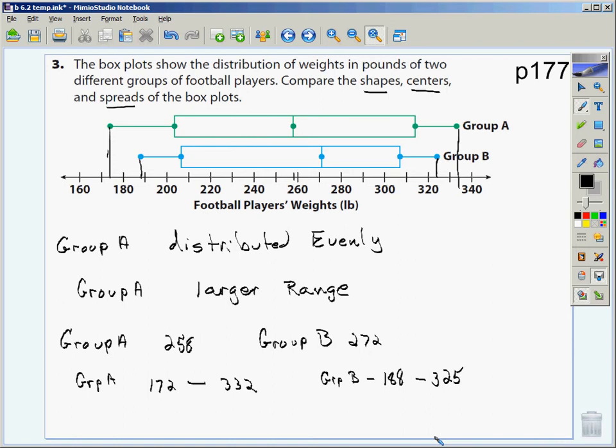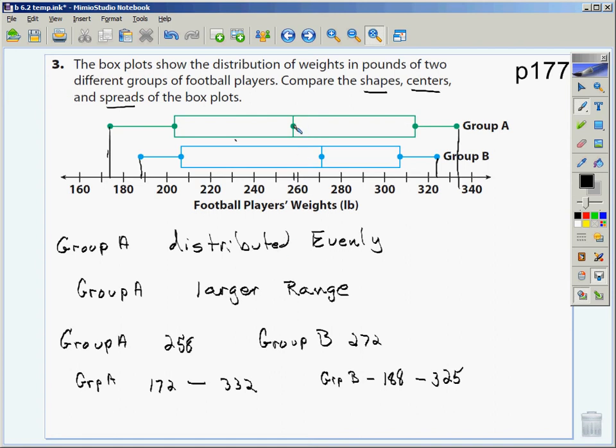Can I find the average in either one of these? The mean? Can I find the mean in a box plot? In any box plot, can I find the mean? No. I can find the range. I can kind of see whether things are evenly distributed based on how the graph looks, whether there's one spot that's longer than the other. But I certainly can't find the mean, and I can't find the mode because it doesn't show me each individual data piece.